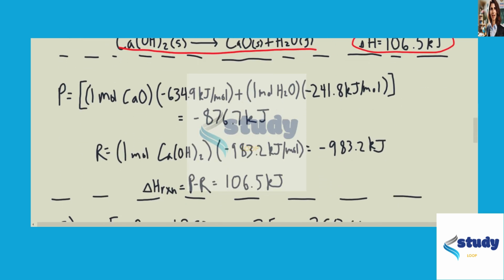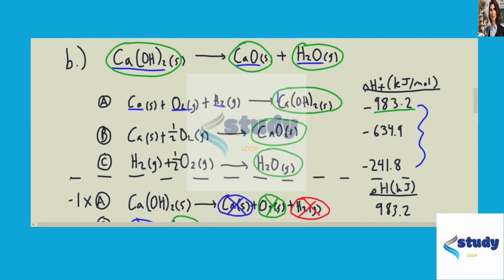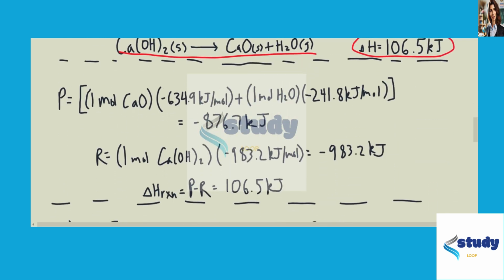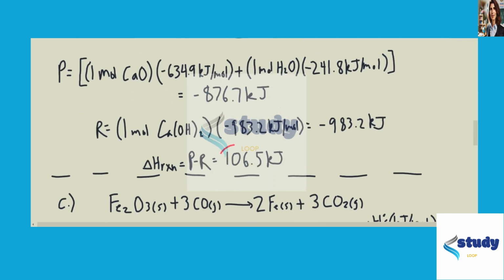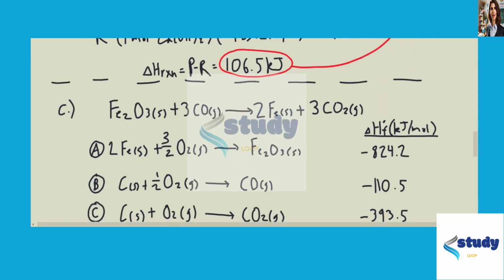We then use the enthalpy of reaction from enthalpy of formation equation to see that we again have 1 mole of each chemical species, and we multiply it by the delta H of formation value for each one of those species, and do the total enthalpy change of the products minus the total enthalpy change of the reactants. When we do that, we see that we get the same value for delta H, 106.5 kilojoules, for part B.